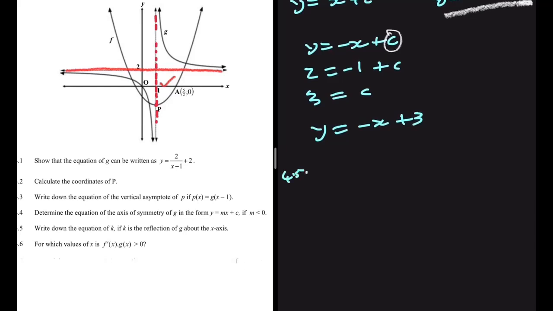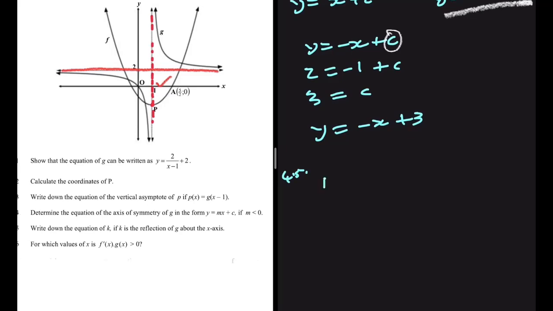4.5. Write down the equation of k if k is the reflection of g about the x-axis. If it is a reflection of g about the x-axis, then k will be equal to minus g of x. That's what a reflection about the x-axis will look like. So we have k equal to minus g of x. Now we just need to substitute g of x, which is 2 divided by x minus 1 plus 2.